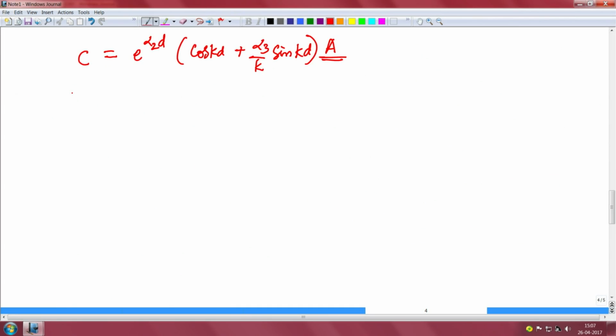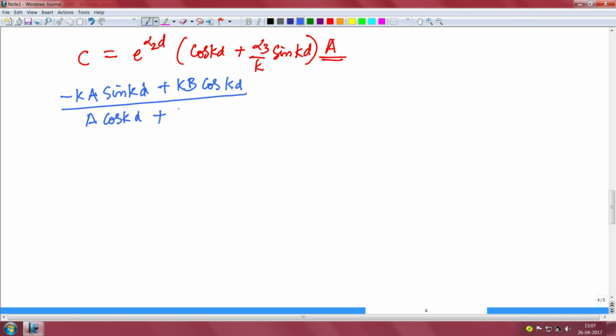So, we can say, okay, let me use blue color, minus k a sin k d plus k b cos k d divided by a cos k d plus b sin k d, which will be equal to minus alpha 2 into c into e power minus alpha 2 d divided by c e power minus alpha 2 d.